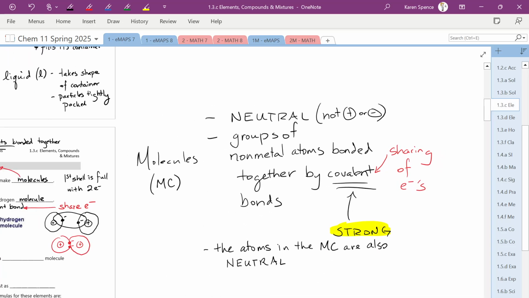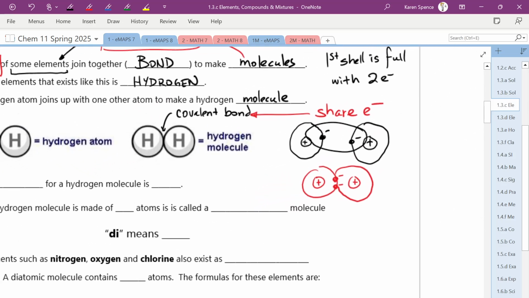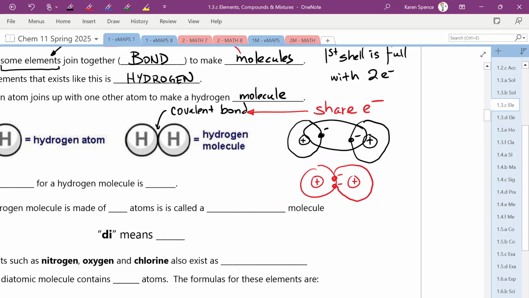All right? And we can see where we got to last day with that. We had our little hydrogen molecule, and each hydrogen had a single electron.